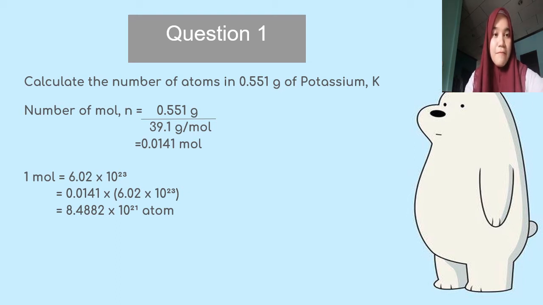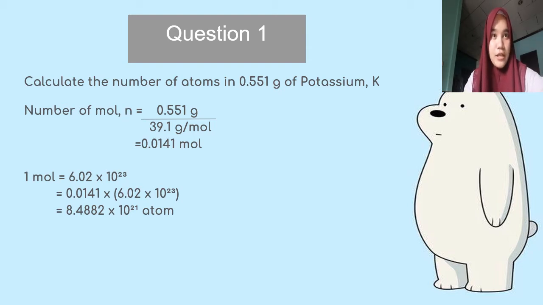After that, we know that 1 mole equals 6.023 times 10 to the power of 23, which is the Avogadro number. So to get the number of atoms, we multiply the Avogadro number with the number of moles.